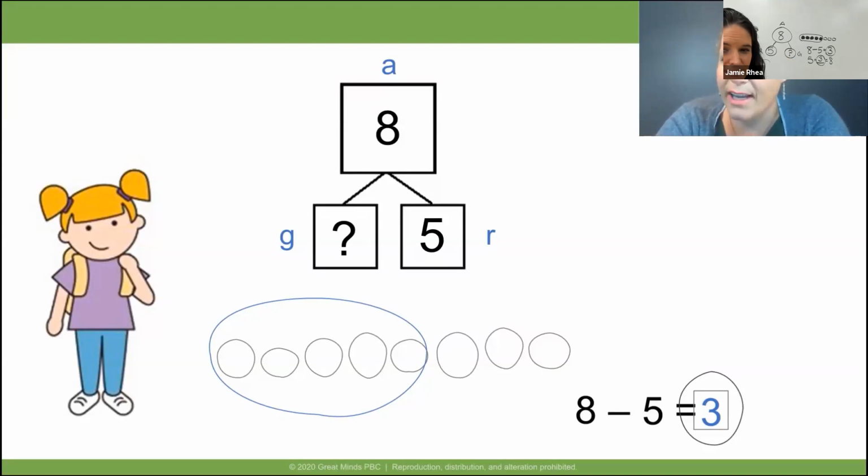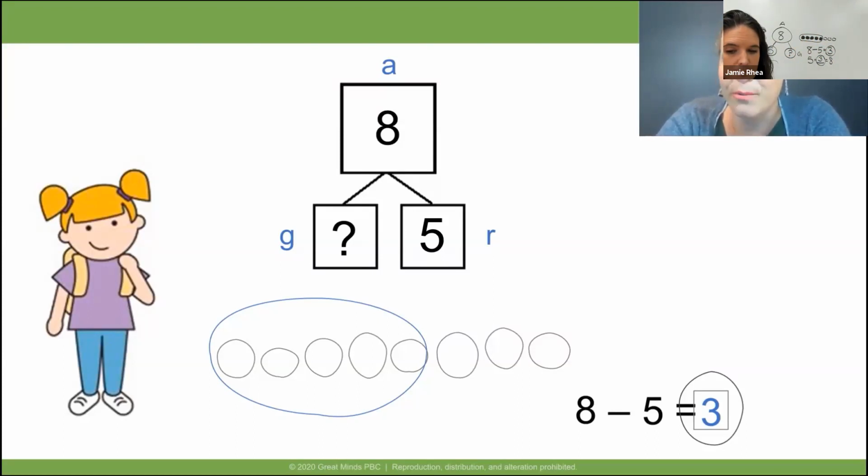She put a 5 where Elijah had the 3, but since 5 and 3 are our 2 parts, remember, it doesn't matter which box they go in, they can switch, so this is still fine. She drew 8 circles in a row for her simple math drawing and circled the 5 that she knew, which were the red apples, leaving 3 left over, which are the green apples.